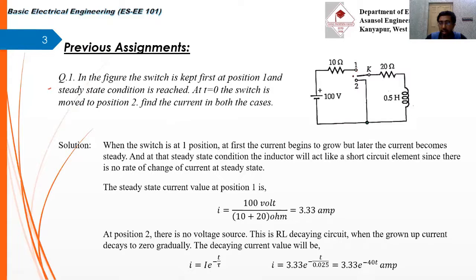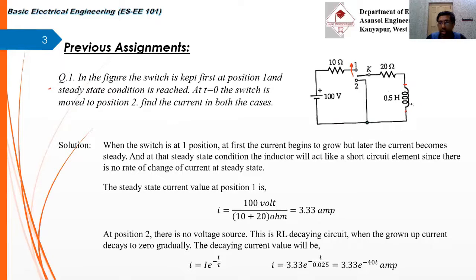So, if it is moved to position 1 and kept for a longer time, then this inductor will act as a short circuit path. Why?